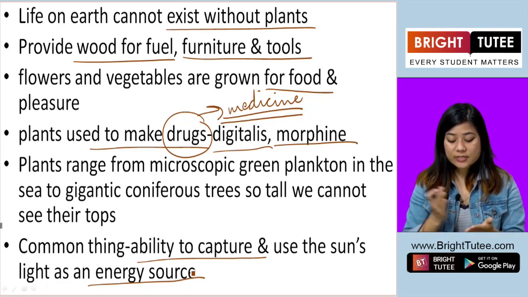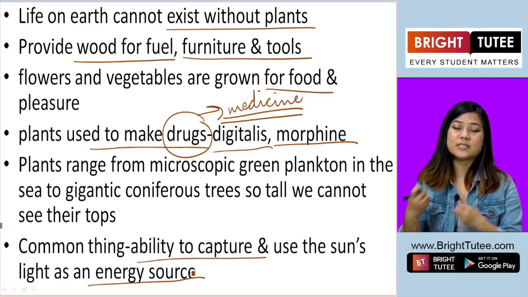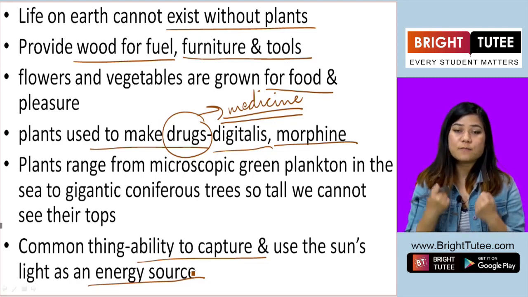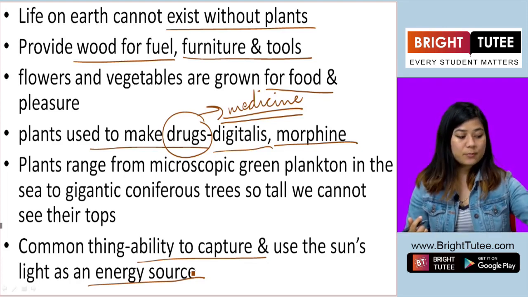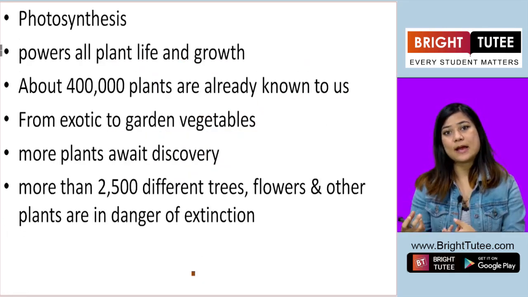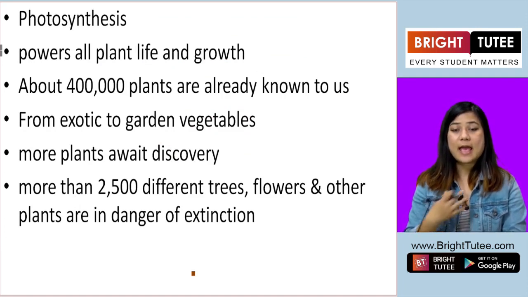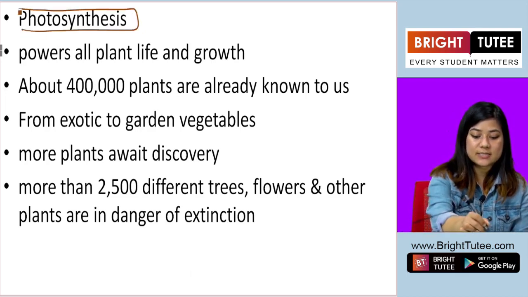In the same manner, the plants cannot live without the sunlight. They need it as food. So sunlight is the food for them. The process in which the plants use the sunlight as food and as a source of energy for their growth is called photosynthesis.